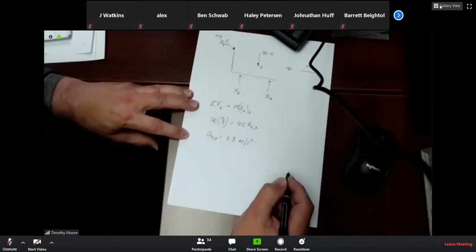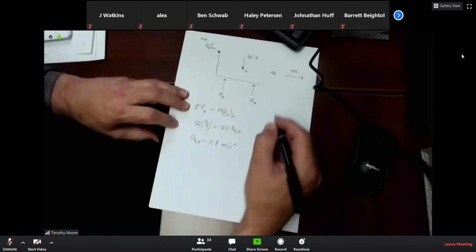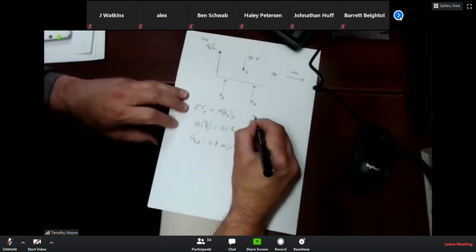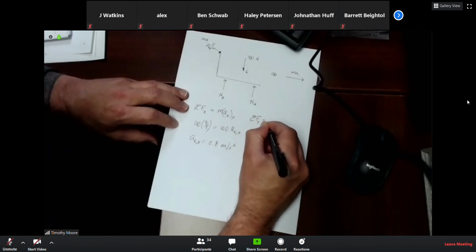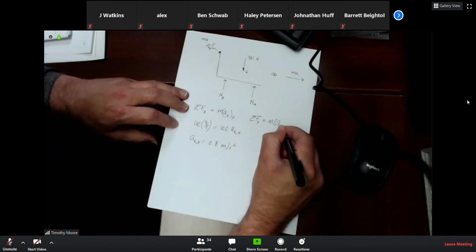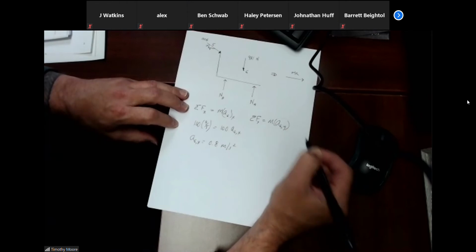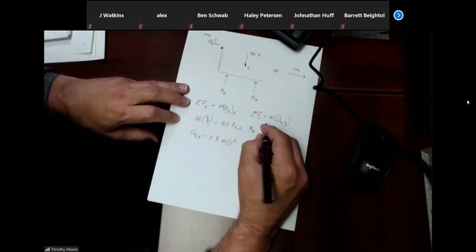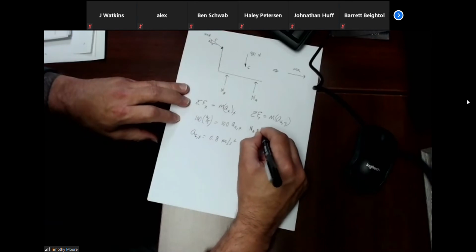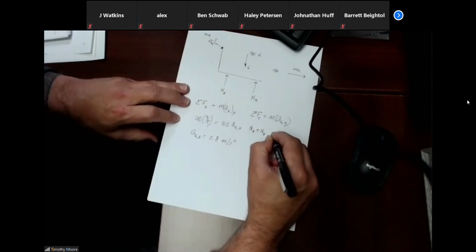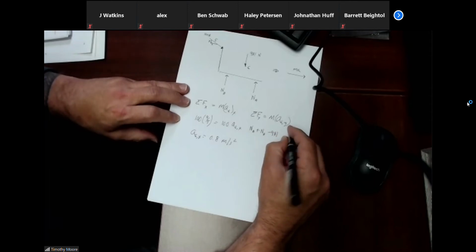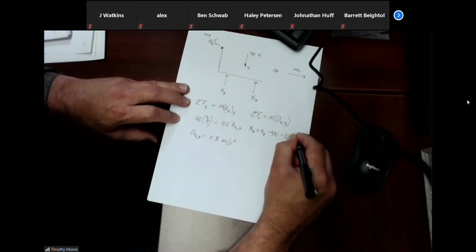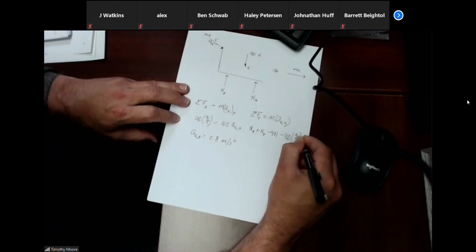Now we need to sum the forces in the y direction. If we sum the forces in the y direction equal to the mass times acceleration of center of mass in the y direction, we have the normal force at A plus the normal force at B minus 981 minus 100 times 3/5 is equal to 0.